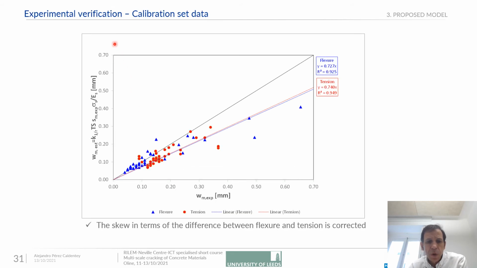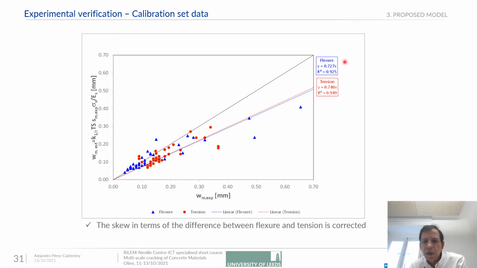Now, if we go back to this other graph, which was the measured crack width with respect to the estimated crack width, the only difference here is that we have introduced the K curvature factor.